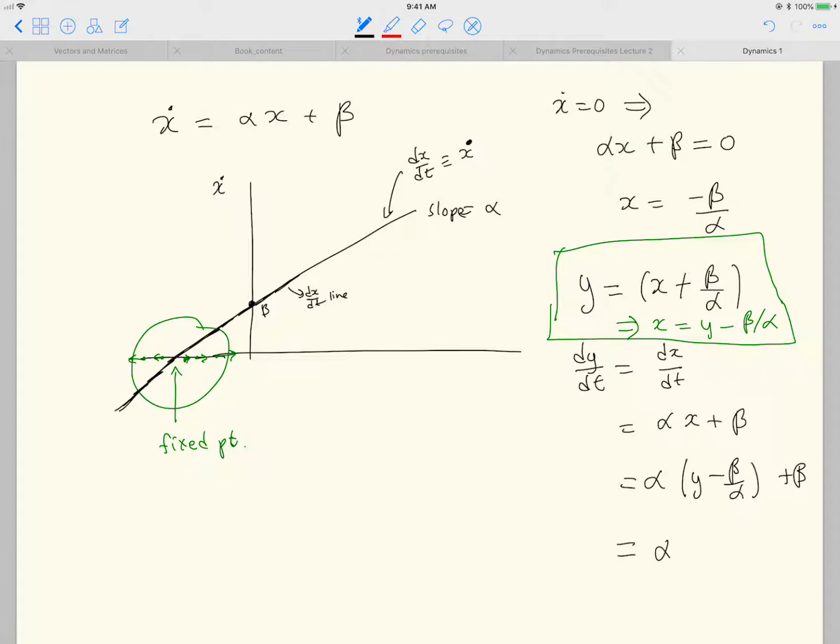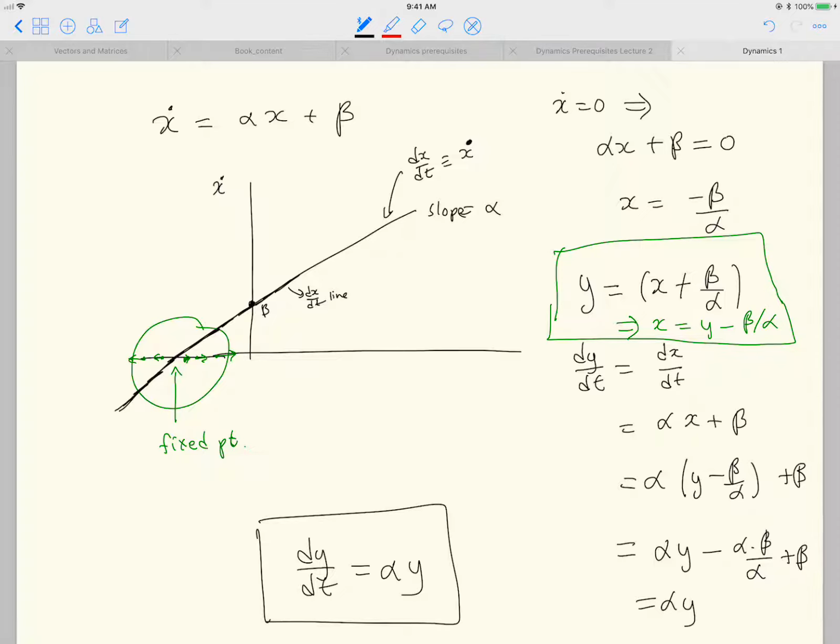So this is equal to alpha times y minus alpha times beta over alpha plus beta, which is equal to alpha y. In other words, exactly the same problem, right? We've turned it into that original x dot equals alpha x problem. Right? We just changed variables to turn it into that.